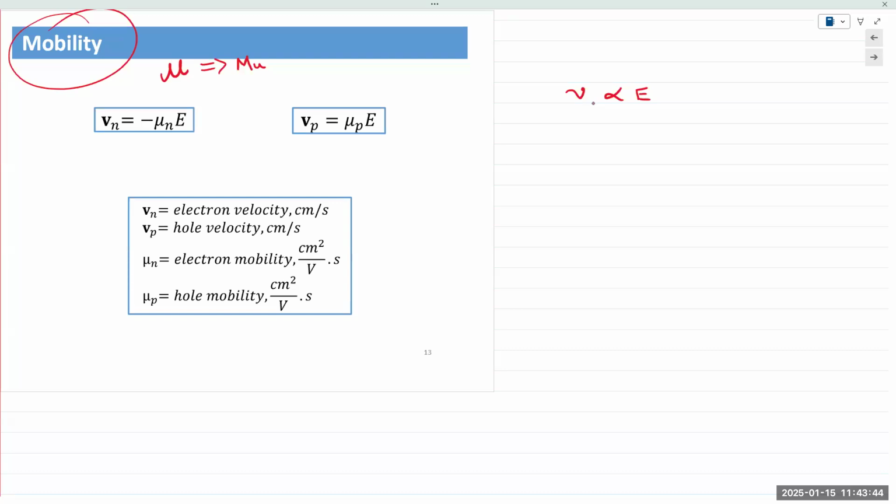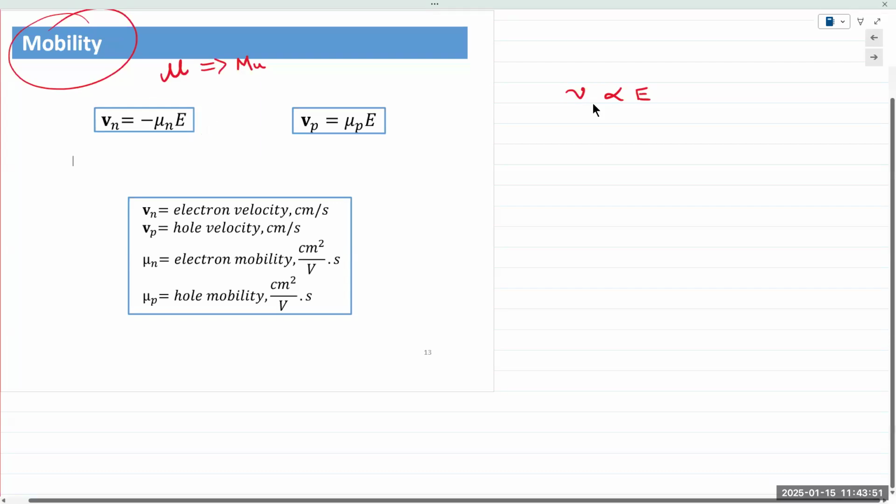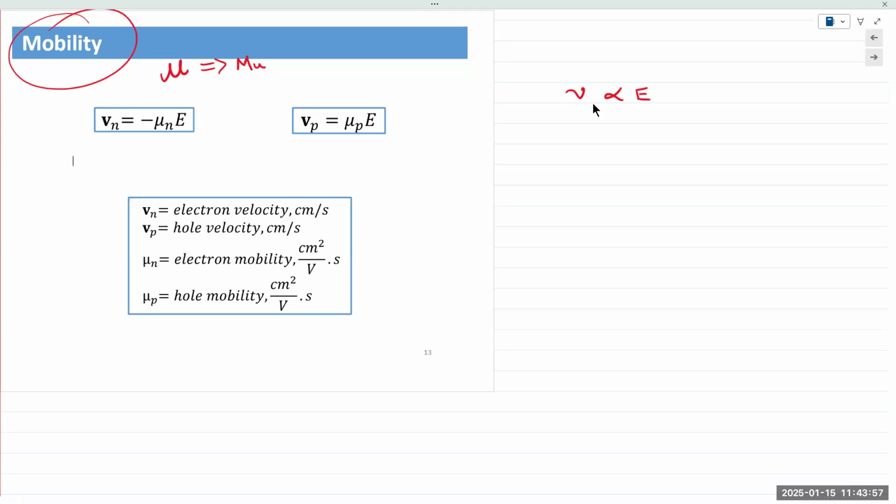Okay, so Vn, the velocity of electrons, is minus mu n times E. E would be the applied electric field. Vp would be mu p times E. And to balance out our equations, we put a minus sign in front of the equation for electrons for the negative charges.